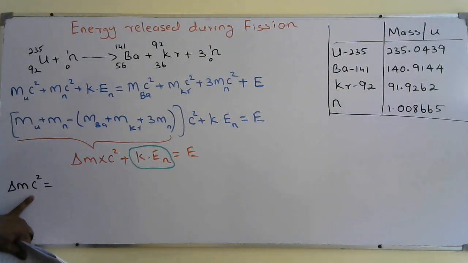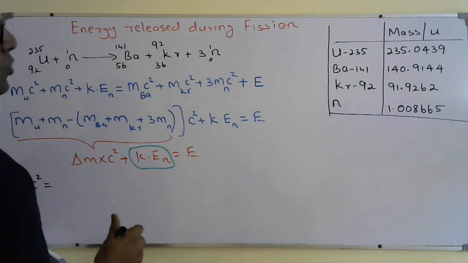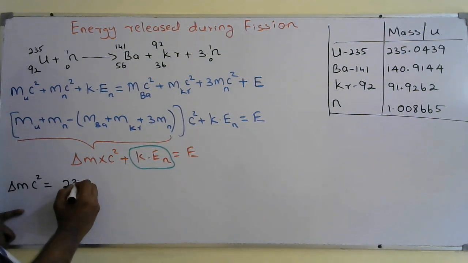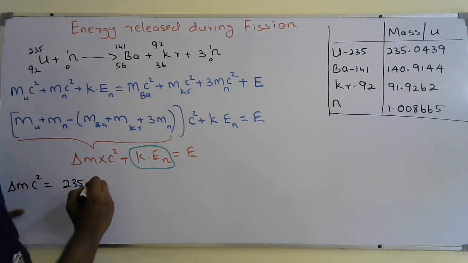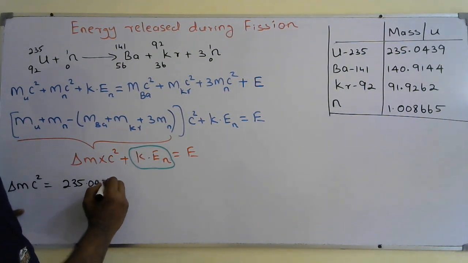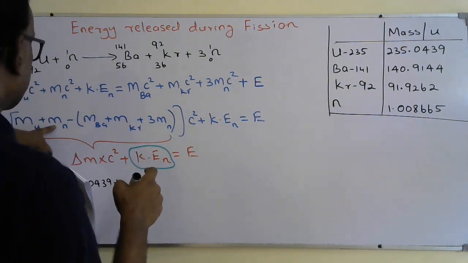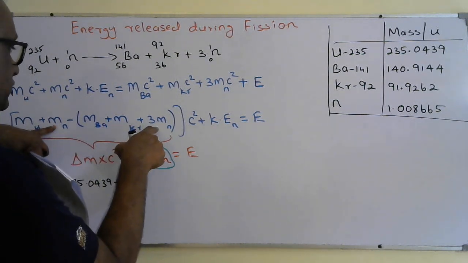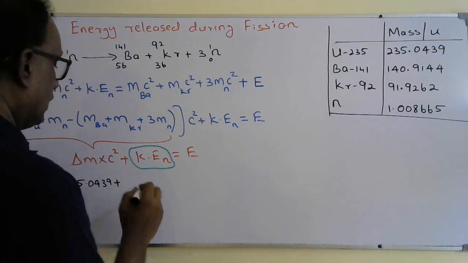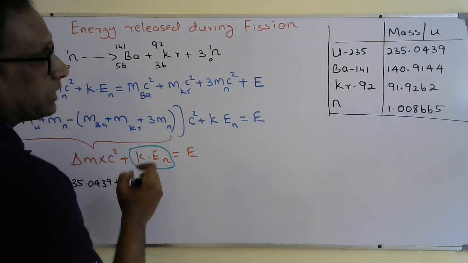Delta M c squared. So, mass of uranium 235.0439 plus mass of neutron 1.008665. I can say mass of neutron minus mass of 2 neutrons, you are right, but again I have to subtract 3 neutrons.